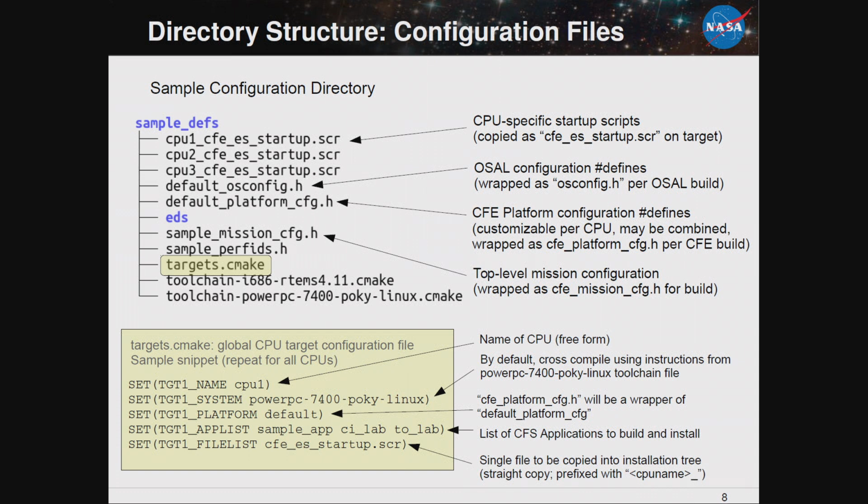Is there an example app that has EDS in it, that shows the interface with 6.6, I guess? Yeah, in 6.6, we have the EDS files for all of the core applications, so ES, SB, EVS. They all have associated EDS files. I also have CI and TO lab versions with the EDS file that goes with them.